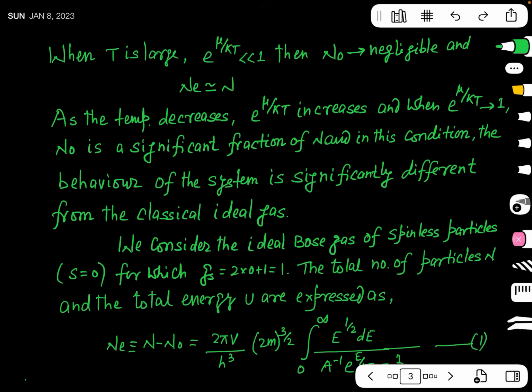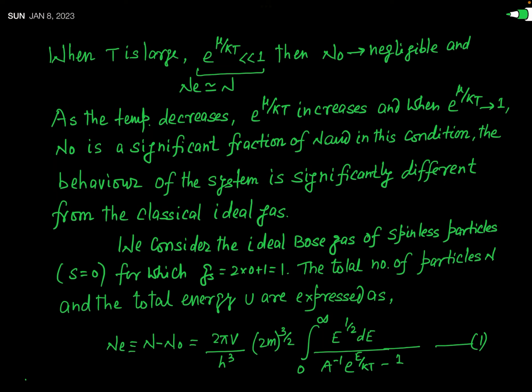But as I have told you, our discussion is limited here to the limiting condition that e to the power mu by kT is much smaller than 1. Actually, when will this be possible?